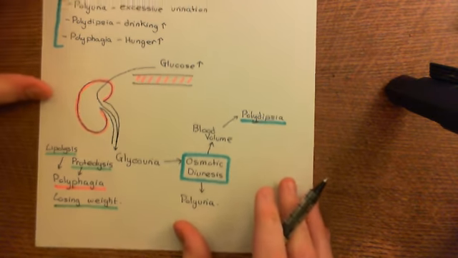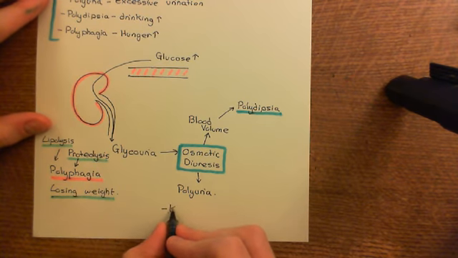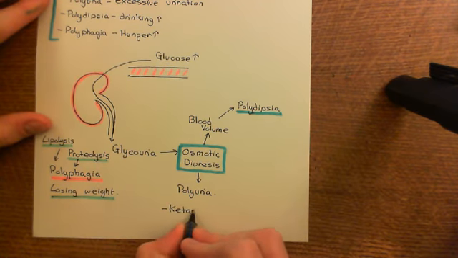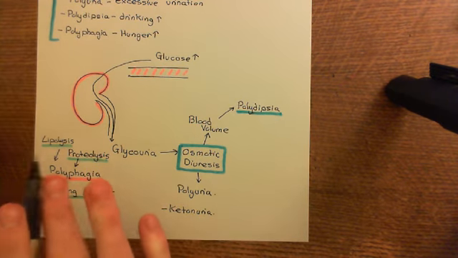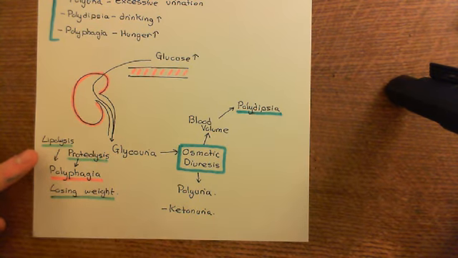Another one which I'd like to add to this is that you also get ketonuria. So remember, because of the low insulin levels, you are breaking down the triacylglycerols that are stored within your adipocytes and releasing free fatty acids into the bloodstream, which are being turned into ketone bodies by the cells of the liver, the hepatocytes.